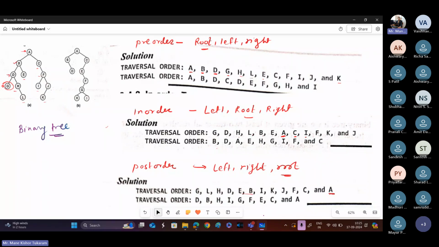So here root is processed first, here root is processed at the middle, and here root is processed at the end. So these are the particular traversal methods which are included for each and every traversal inside the binary tree.